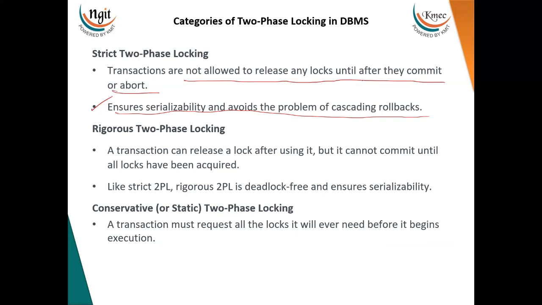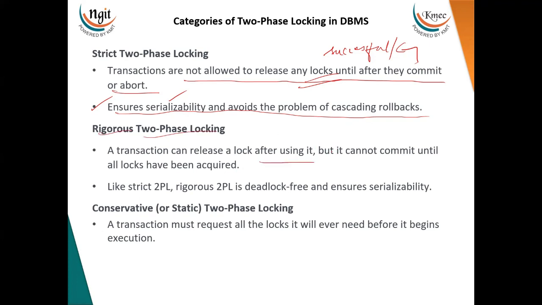Commit indicates what? It indicates the successful execution of the transaction. So once a transaction is successfully executed, it is now allowed to release the locks. Thereby it ensures serializability and it is going to avoid the problem of cascading rollbacks, which is a very time consuming process as well as difficult to recover the schedule.